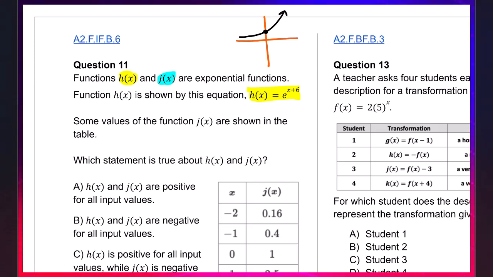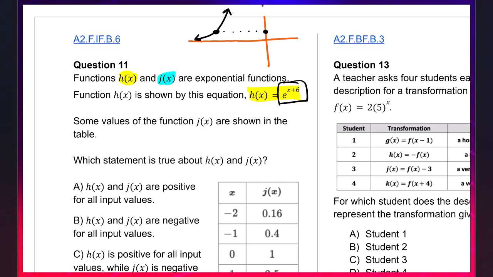Now, this is obviously not a parent graph because it has been shifted in some way. So plus 6 on the x is going to make this one actually go left 6. So I'm going to count 1, 2, 3, 4, 5, 6. And I'm going to do the same thing. But that's kind of what it looks like, okay?